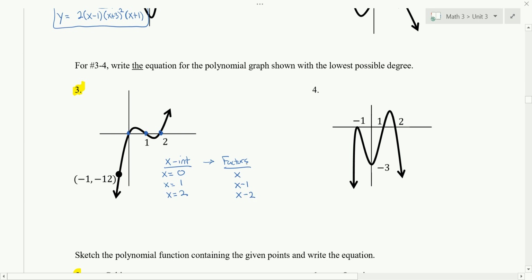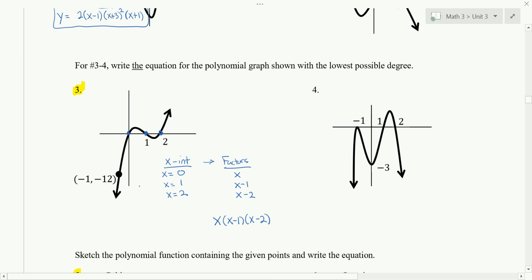And each of these factors has an odd multiplicity. We're going to assume multiplicity of 1, but it could be a multiplicity of 3 or 5 or 7. An odd multiplicity passes through the x-axis. And so if we multiply these factors together, x times x minus 1 times x minus 2, we almost have this equation.